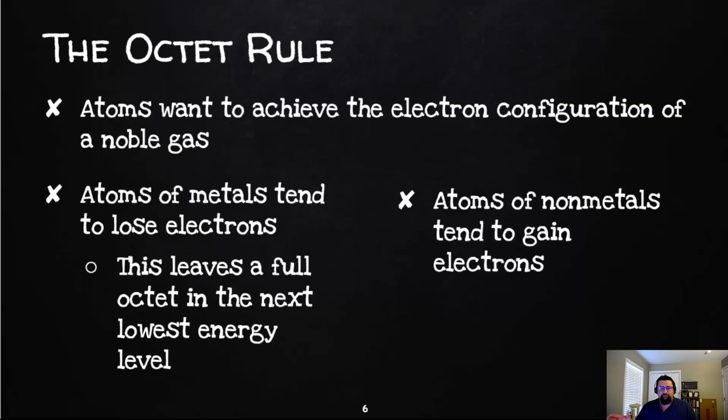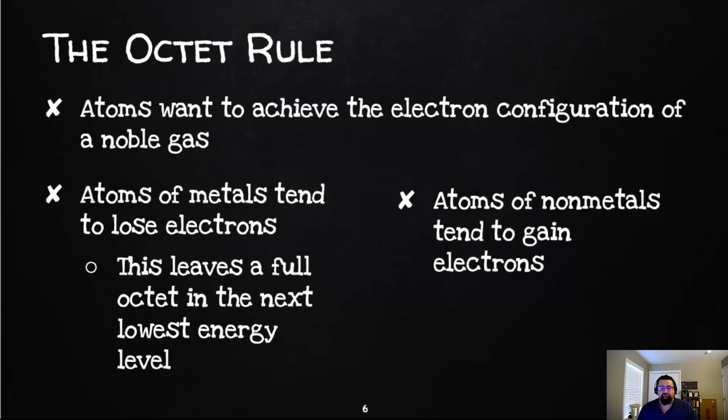They want to end on a p6. So atoms want to achieve the electron configuration of that noble gas, and they can do it in two ways. They can either gain electrons to fill it out, or they can remove electrons to go down to it.